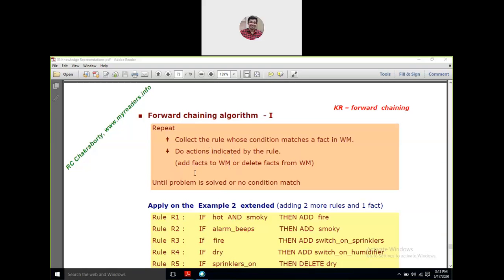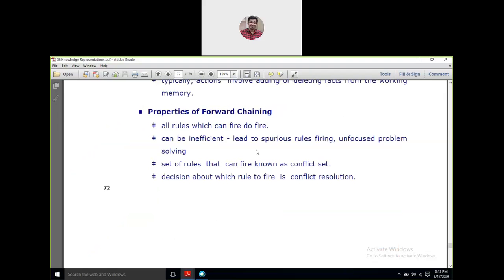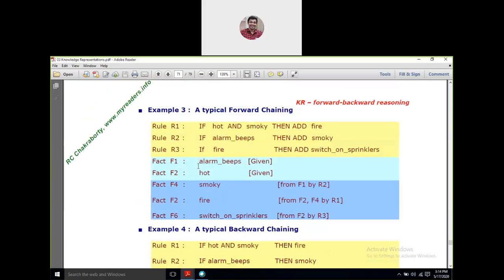Now let us start with what we are supposed to do first. Collect the rules whose condition matches a fact in the working memory. What you have to do here is collect a rule. That means you have picked up a fact. The first fact is alarm beeps, and you have to catch hold of the rules which match with the working memory.